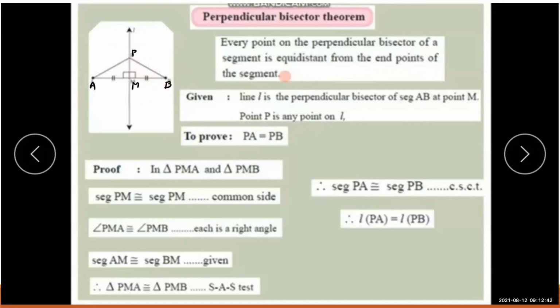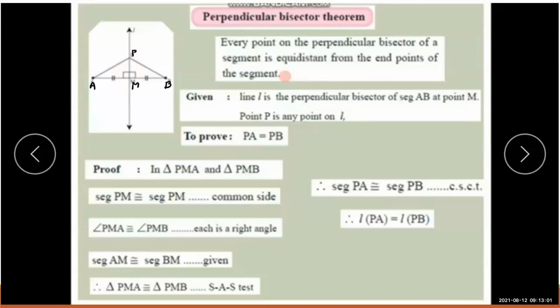Now in these two triangles, we can write segment PM congruent to segment PM, because it is common in both the triangles.